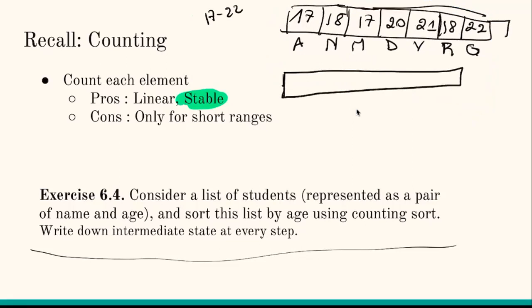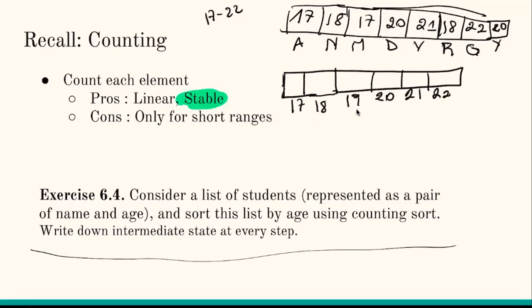Let's just add one more here that we will say is 20. So here we have 17, no, 22, 18, 19, 20, 21, 22.